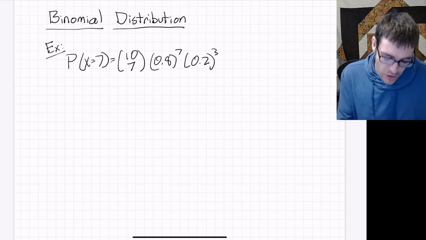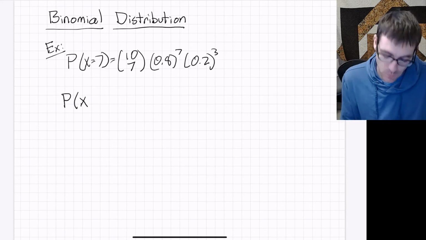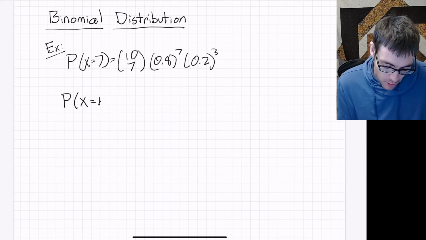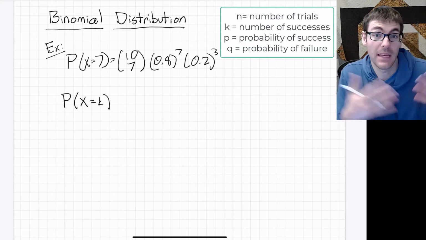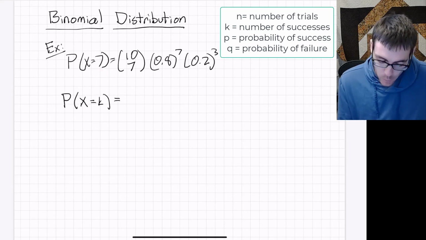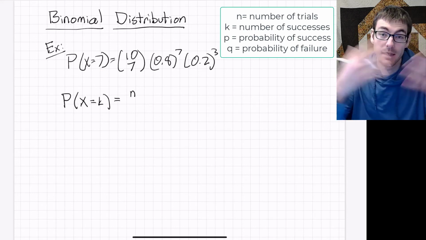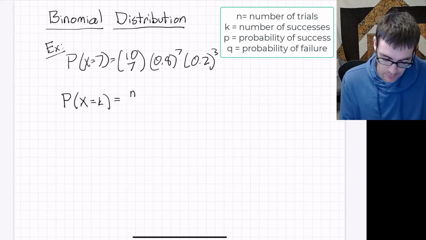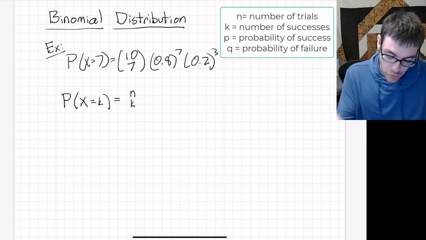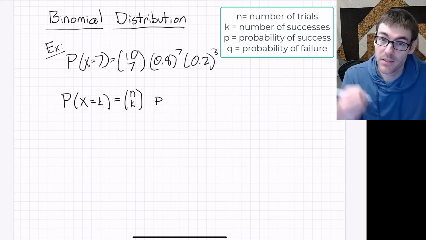In its more general form, the probability that the number of successes we get is some arbitrary number k, so in this case k was 7, is going to be equal to the total number of attempts, or the total number of trials, n choose k times the probability of success.